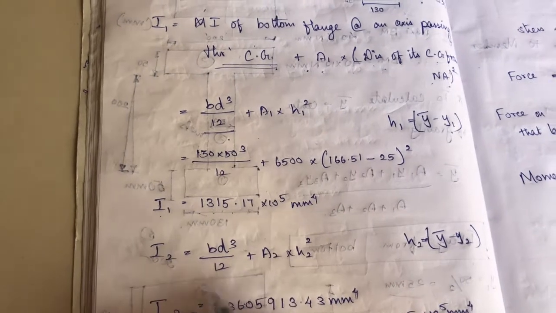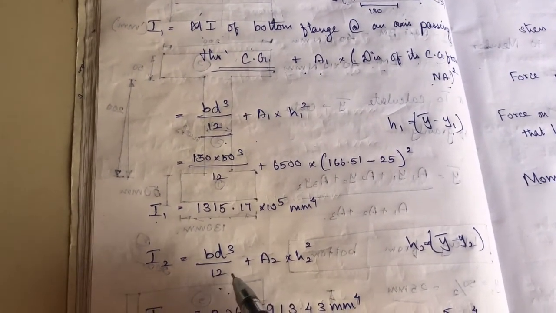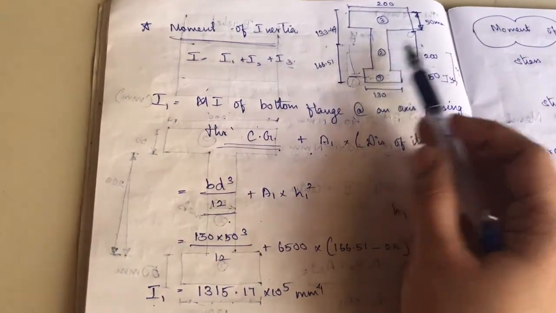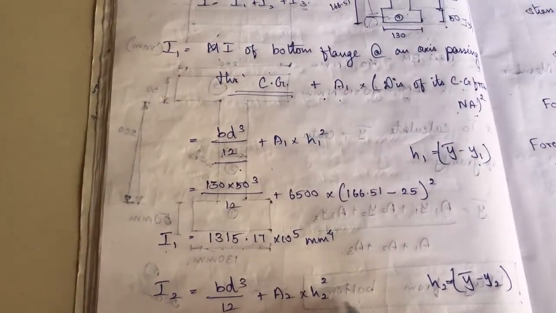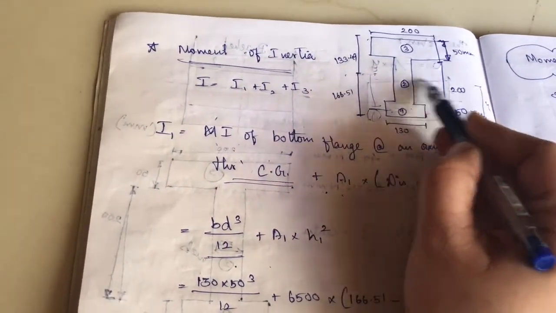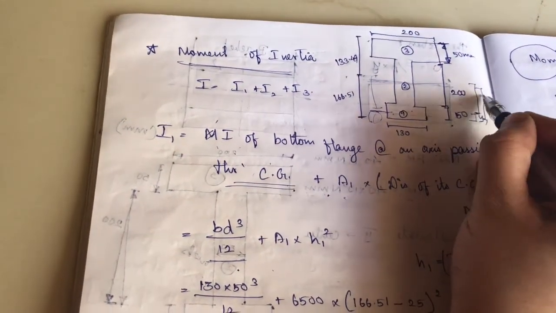Same here, BD cube by 12, this is center of gravity for rectangle, plus A2 because we are considering the second rectangle into H2 square. H2 square means center, neutral axis. So this is y2. Okay.